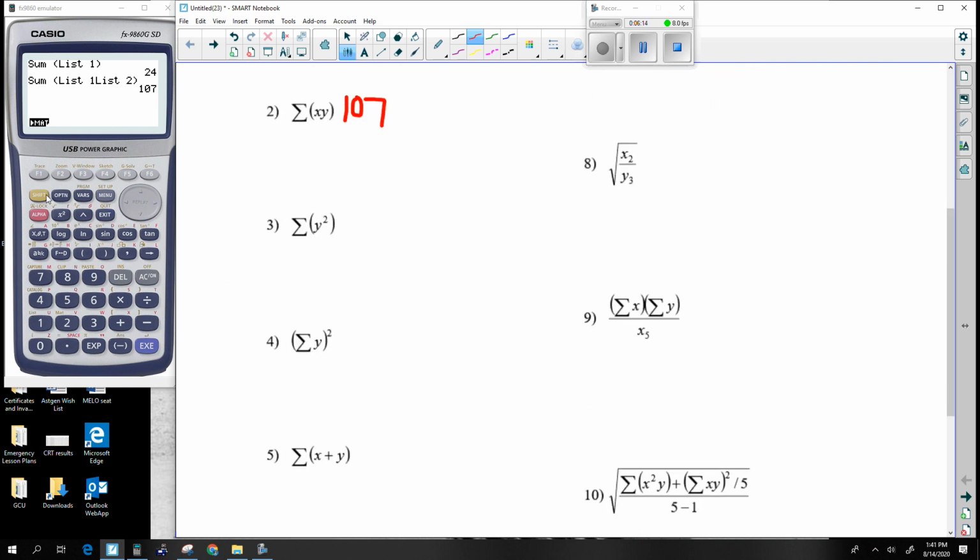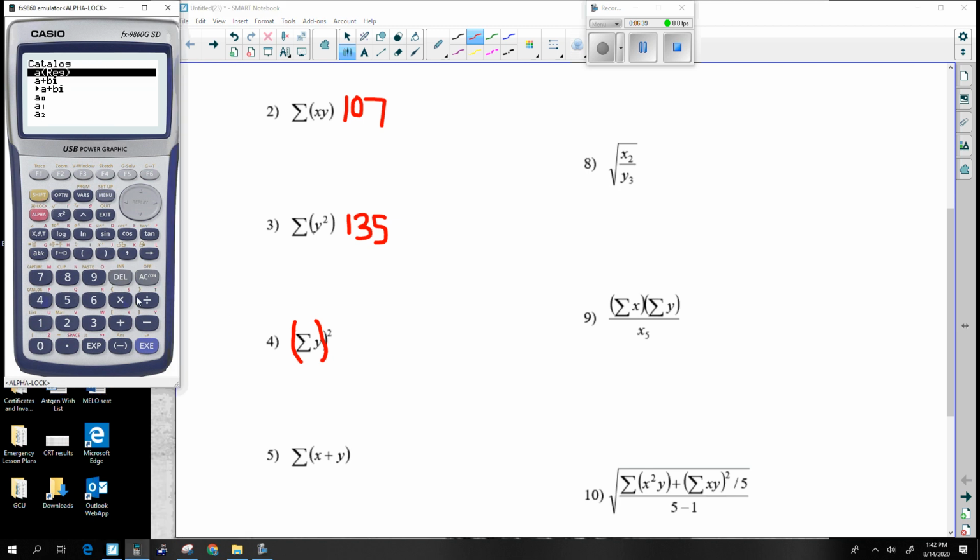The sum of y squared. All right, this next problem, we want to slow down and do that portion first.